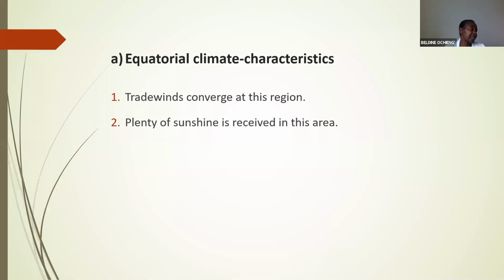Other characteristics would include trade winds converge at this region, is the equator, the southeast, northeast trade winds are converging at this region. Then we have plenty of sunshine received in this area. It is an equatorial region around 0 degrees. What do we expect? Plenty of sunshine is received in that area.